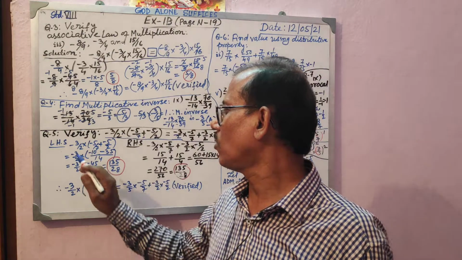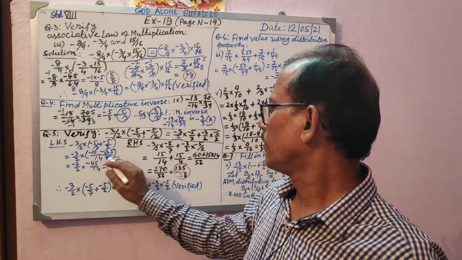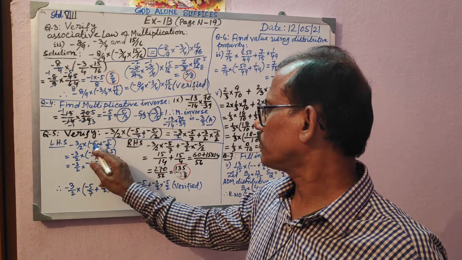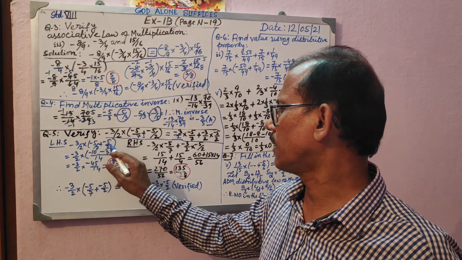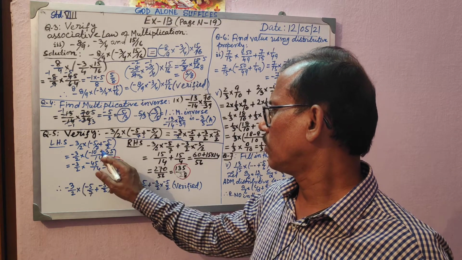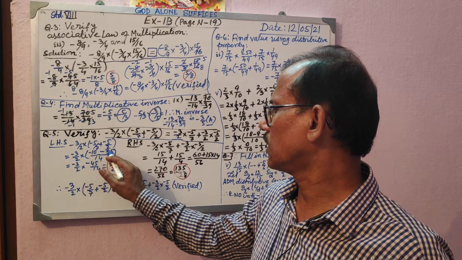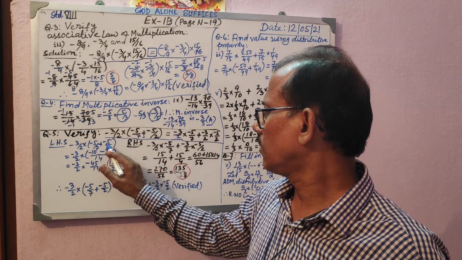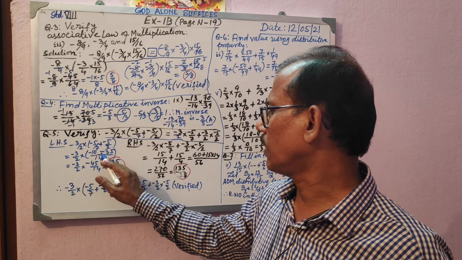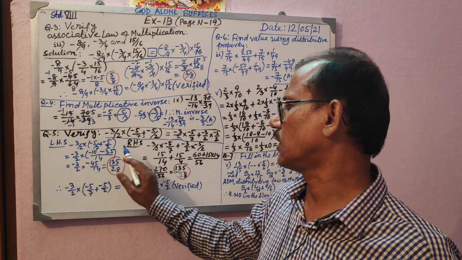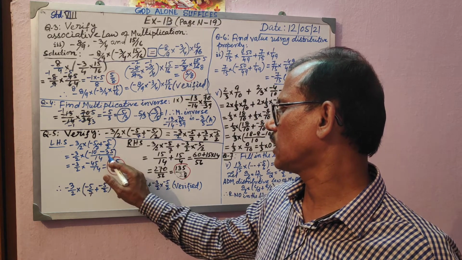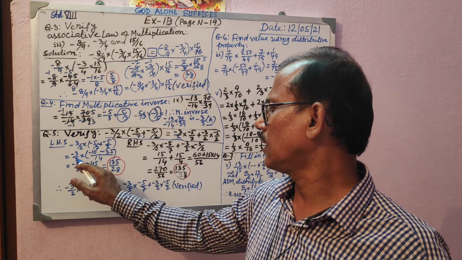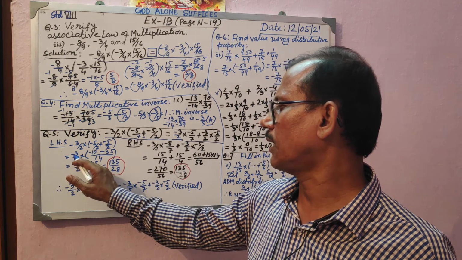For the left hand side, what do you do first in the bracket? Minus 5 by 7 plus minus 5 by 2. LCM will be 14. Minus 10: 2 fives are 10, minus 10. 7 minus 5s, minus 5 into minus 5 is minus 35. So minus 10 minus 35 by 14, and outside the bracket is minus 3 by 2.